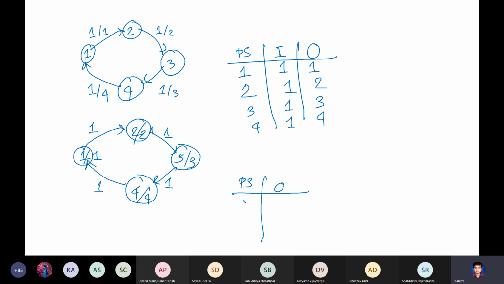What is the output function? Kind of an identity function. Okay, so is that clear now? Is that okay?